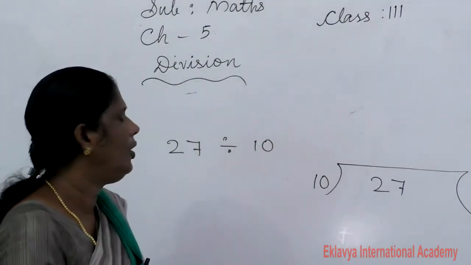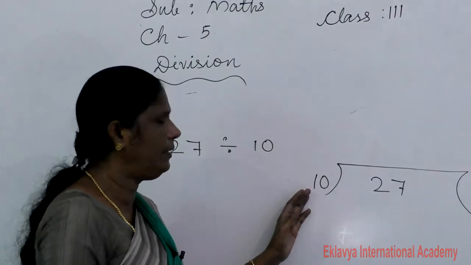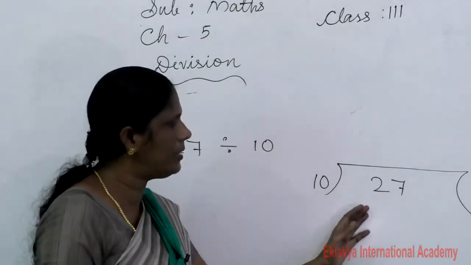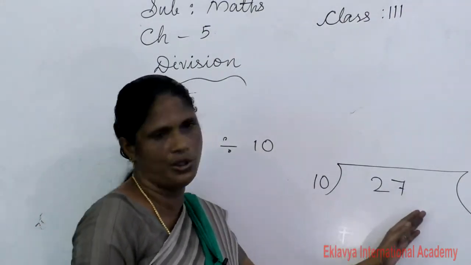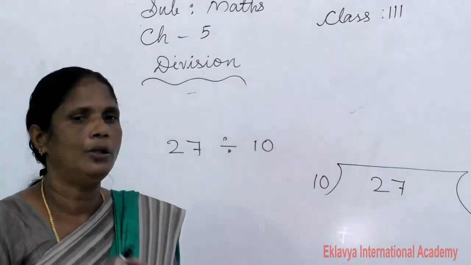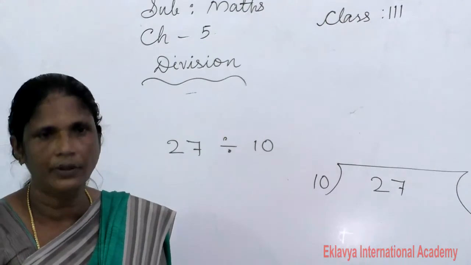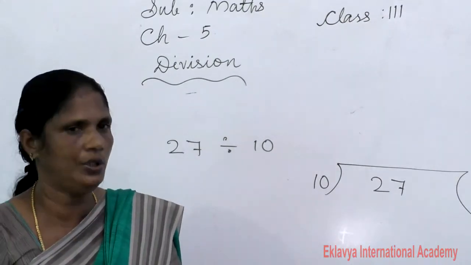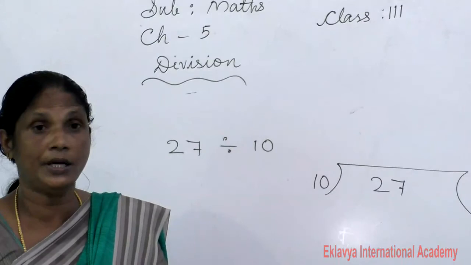Then the table of 10, how many times does it go in 27? First you say the table. 10 1 ja 10, 10 2 ja 20, 10 3 ja 30.